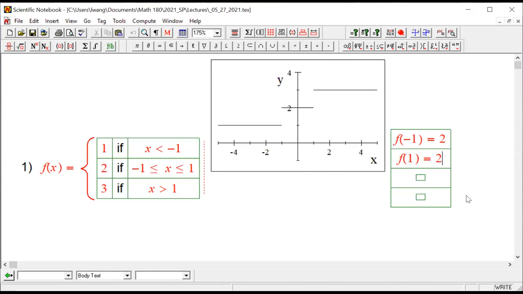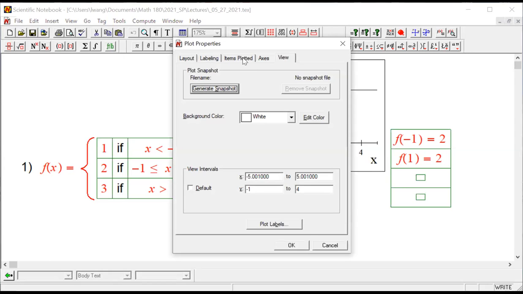It's also 2, right? So you can see the slight difference from what we did previously. On the picture, you're going to have the point at x = -1 with an output of 2 as a dot.